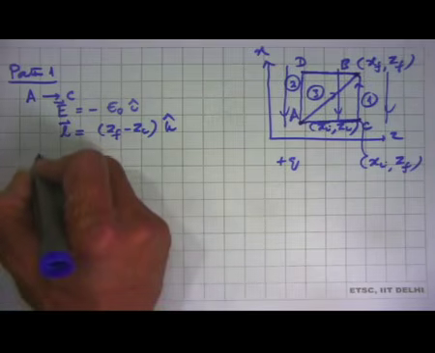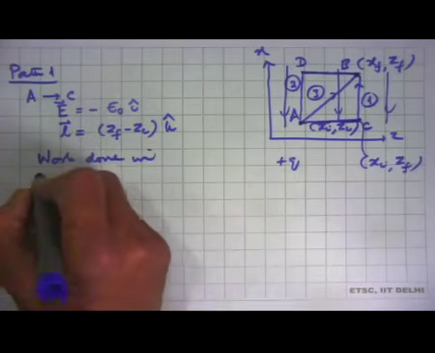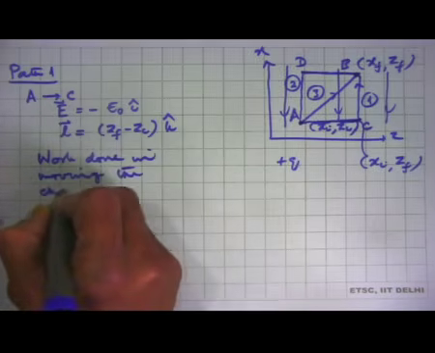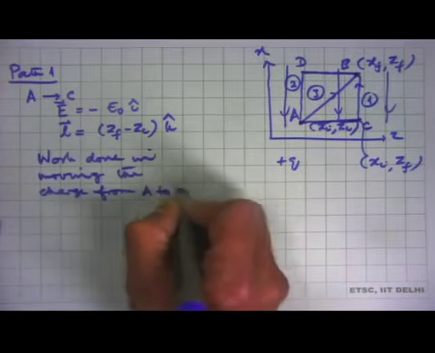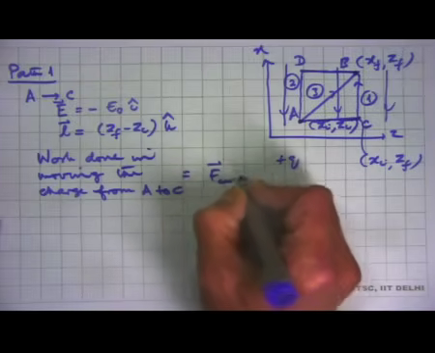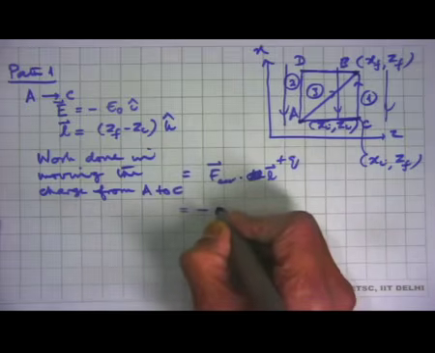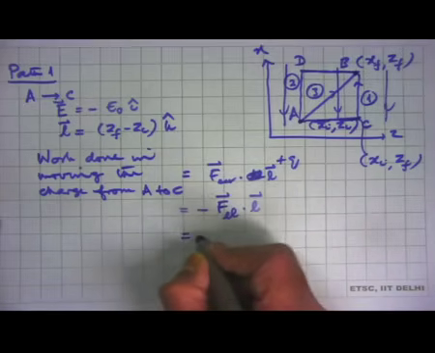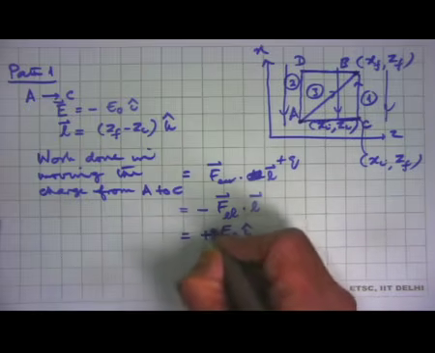So, the work done in moving charge from A to C is equal to F external dot L, and F external is minus F electrostatic, which is equal to plus E naught I cap into q, the charge which I am having.